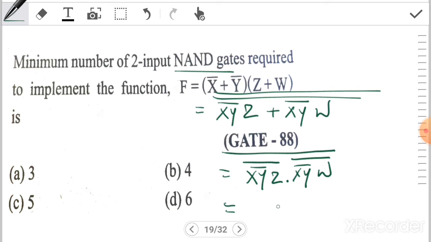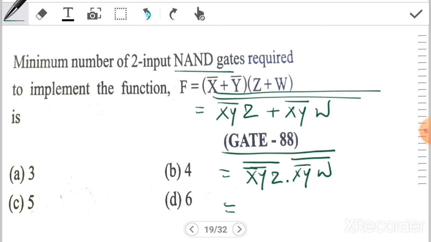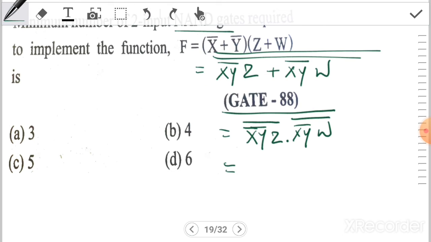How many NAND gates we require? One for xy, one for xy complement, second for xy complement z for this, and third for this, and fourth for this. So we need total of 4 NAND gates.